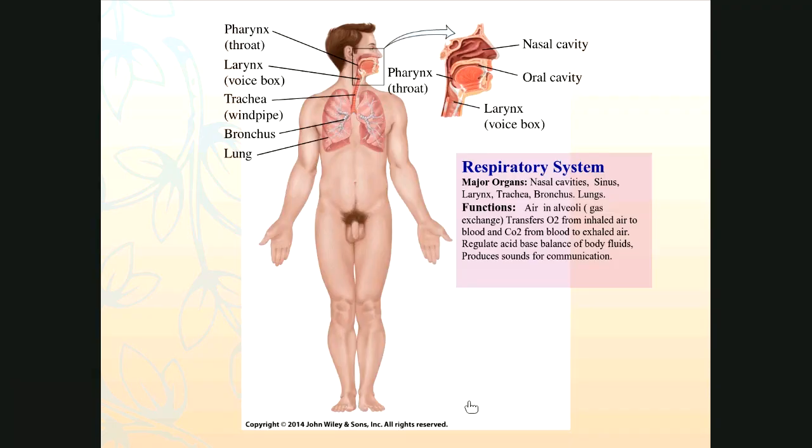The respiratory system will include the nasal cavities, the sinuses, larynx, the trachea, the lungs, the bronchi in the lungs, and the alveoli. Through the alveoli, we transfer oxygen through inhalation into the blood and eventually into the cells, while at the same time CO2 is absorbed from the blood and expelled out of the lungs.